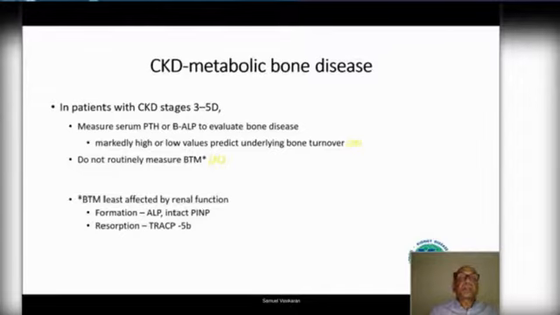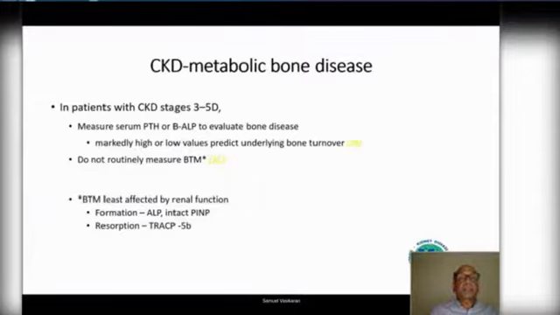PTH is routinely used to make sure that the patient doesn't have a dynamic disease or a very high bone turnover. And bone alkaline phosphatase is also recommended as a marker because it's not affected by renal failure, and it has been shown to have some value in determining bone turnover in CKD-MBD.